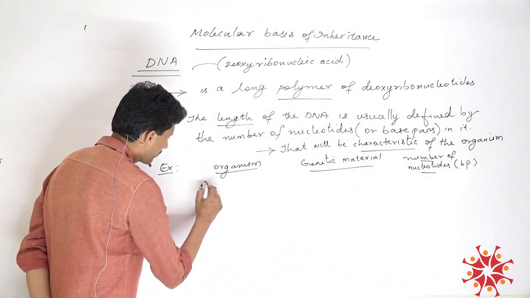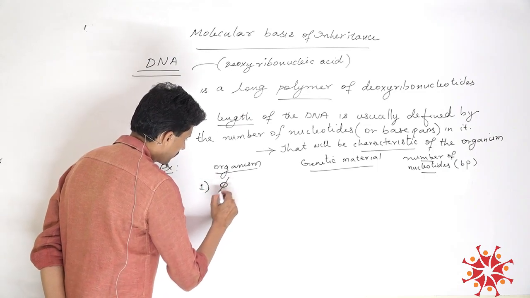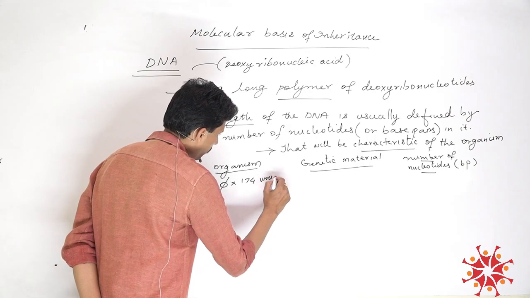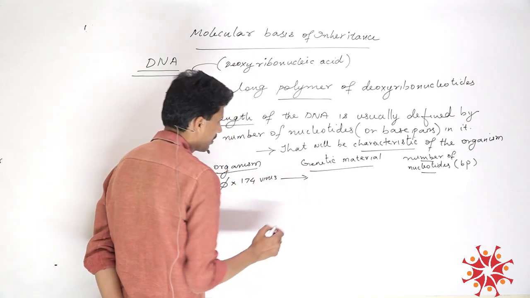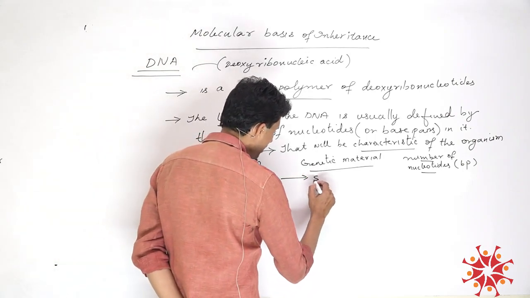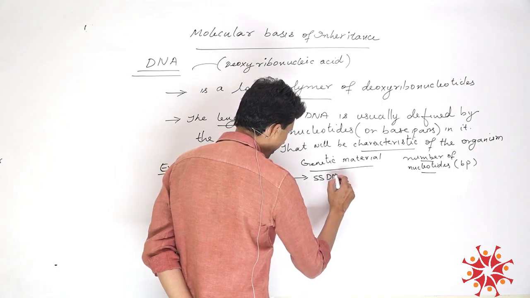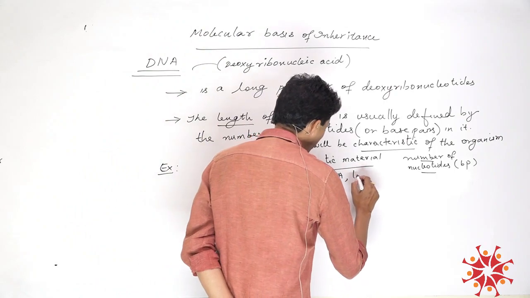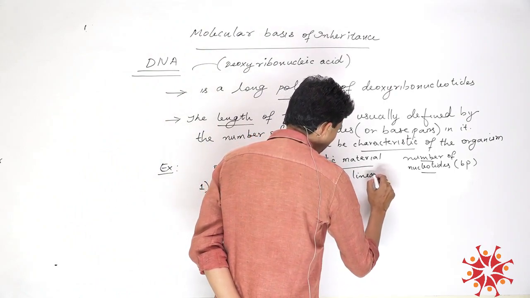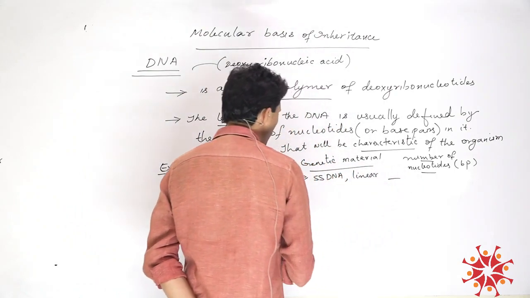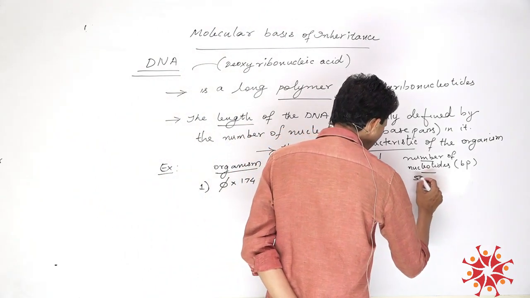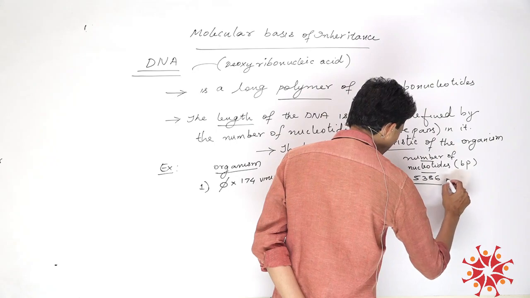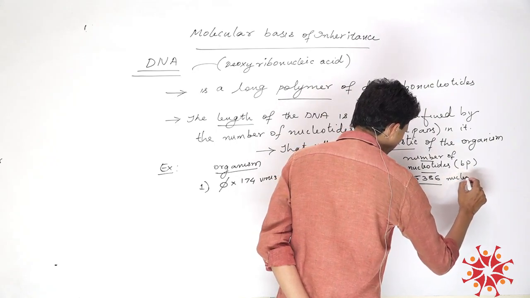First, if you see this virus, in this case of this virus, the genetic material is a single-stranded DNA, and it is linear. You will find that it has 5,386 nucleotides.